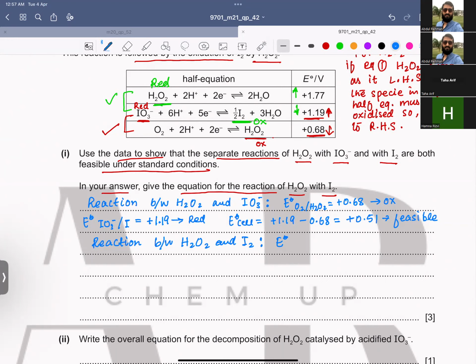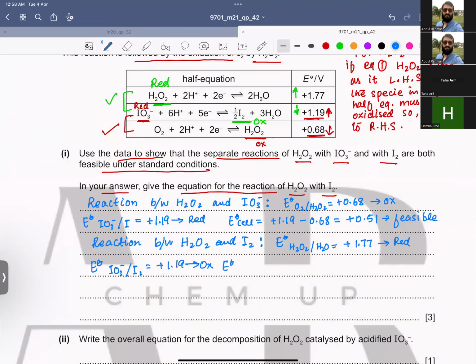So the E naught value for O2 and H2O2. No, sorry, H2O2 and H2O is positive 1.77, which means it's a greater value, so it will undergo reduction, and E naught for IO3 and iodine is positive 1.19, which means it would undergo oxidation.